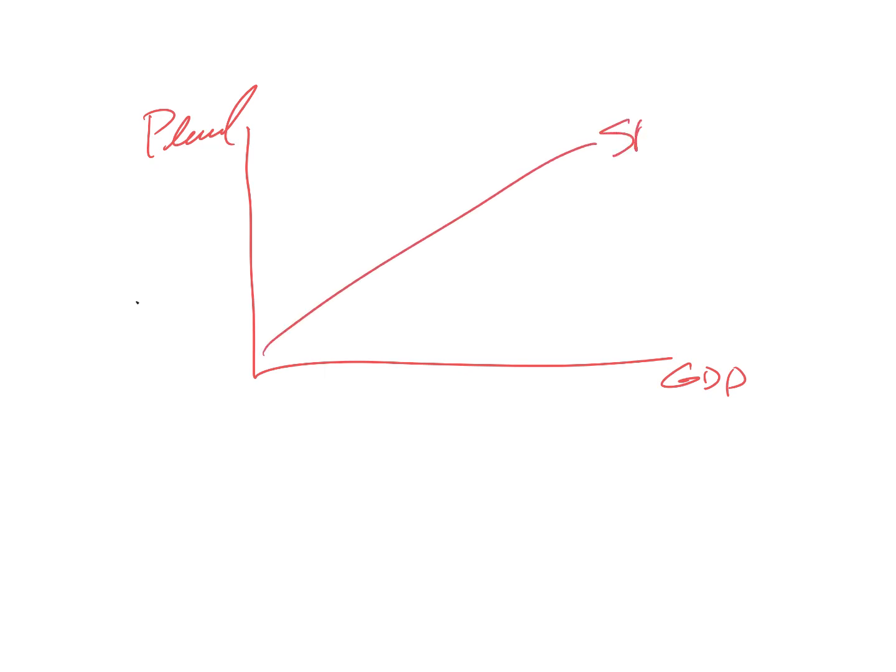And now the short-run aggregate supply curve. It slopes up. It looks just like the single good supply curve, but for different reasons. What will make this shift is a change in expectations about inflation.